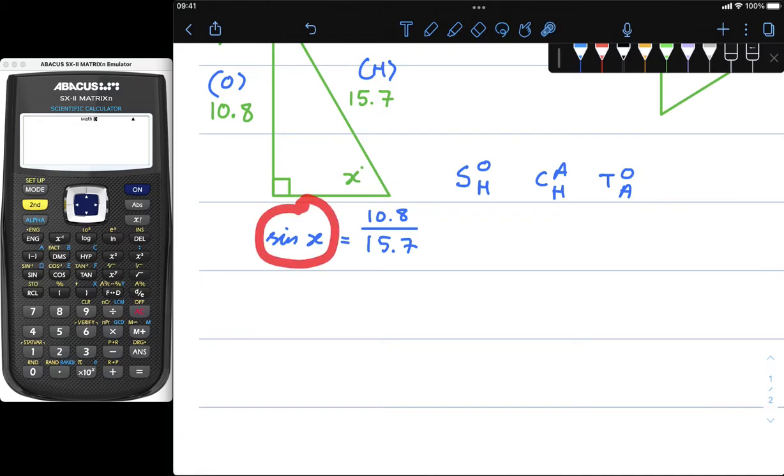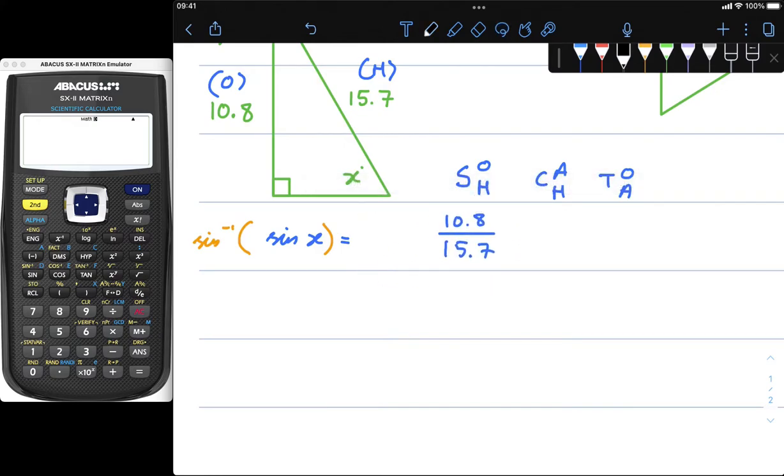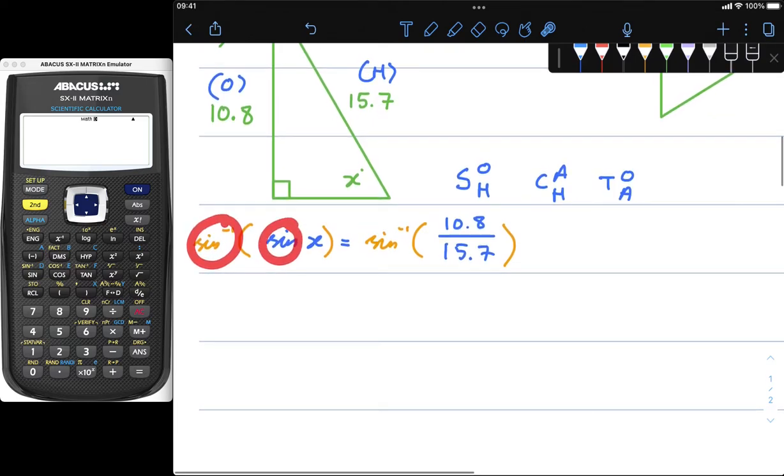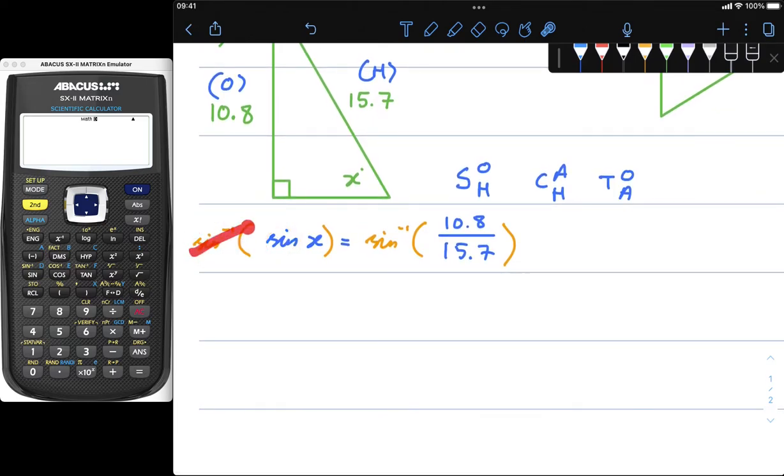Because this is sine, what's actually happening is we take the inverse of sine on the left hand side, but we also take the inverse of sine on the right hand side. These two are exact opposites of each other, so they negate one another, which leaves us with x on its own.